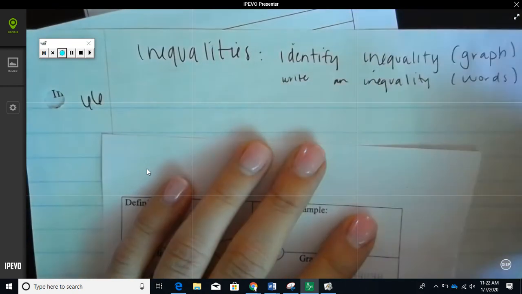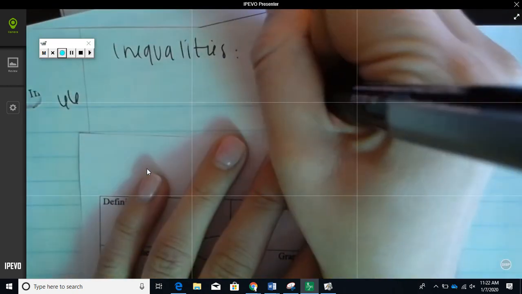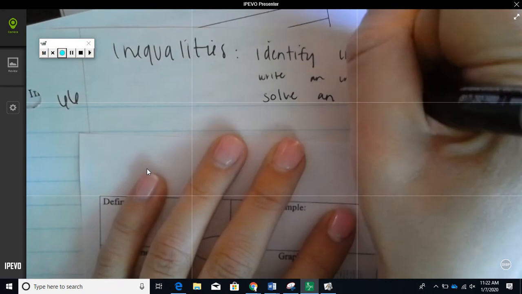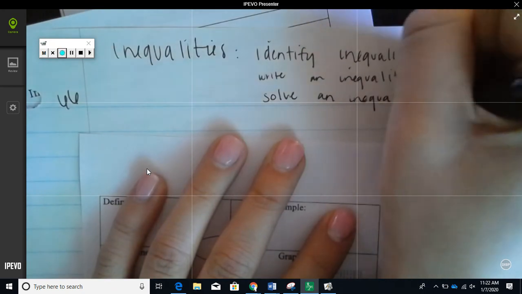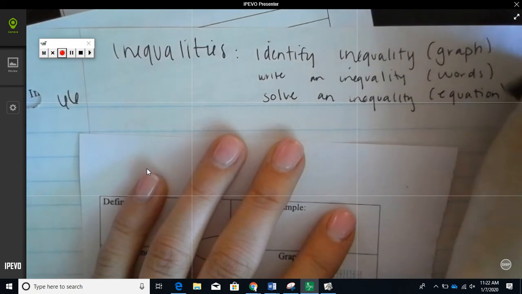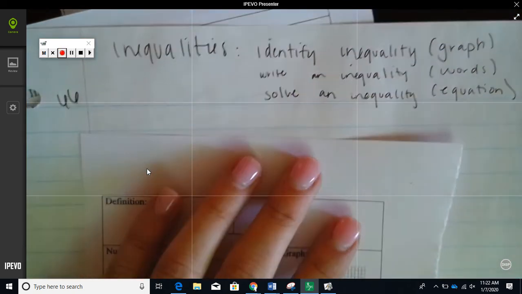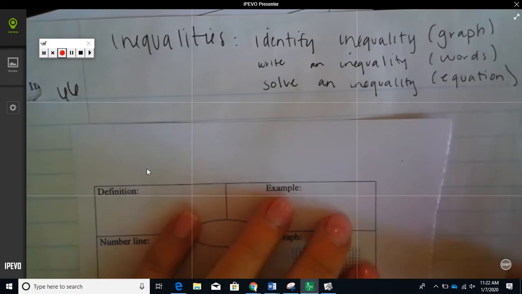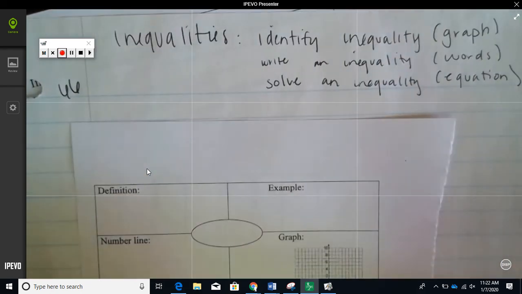And you're going to have to solve an inequality. And this will be the unit on inequalities. So, we have four different inequalities.